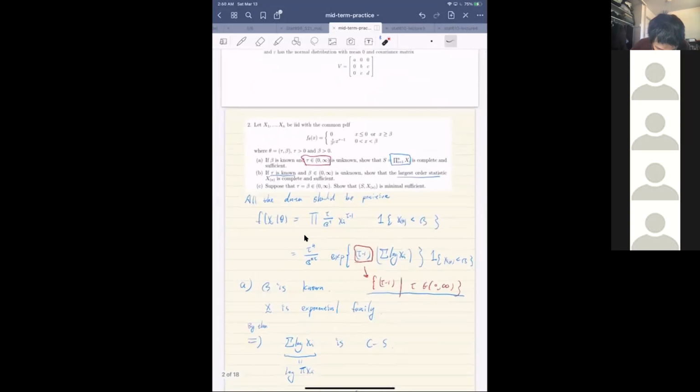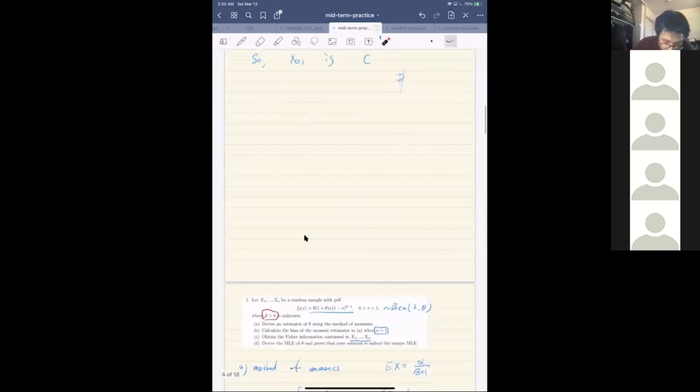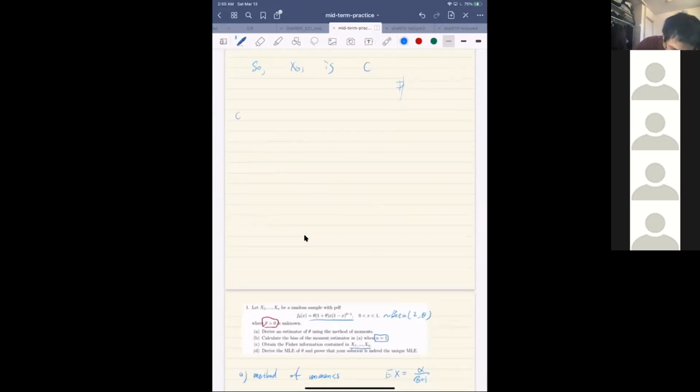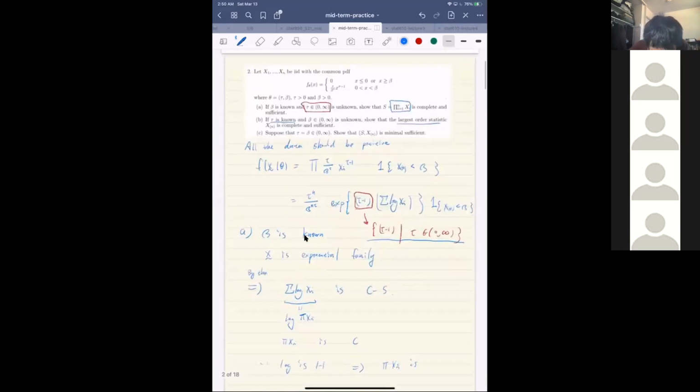Okay. The next one is to show it is minimal sufficient. I only have 25 minutes, so I have to hurry up. Question C, minimal sufficient.